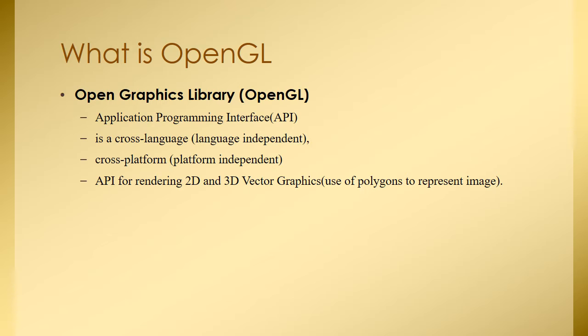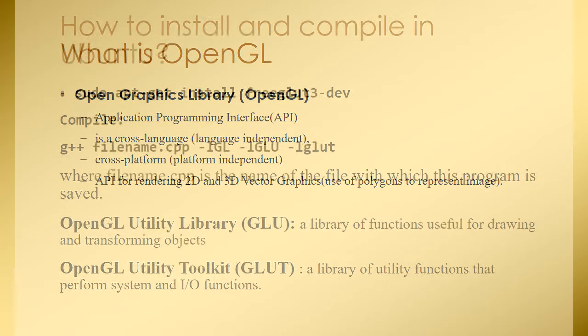It can be implemented in any language like C++, Java, and so on. It's cross platform, meaning it can be used in any kind of OS like Windows, Mac, and so on. So it is actually an API used for rendering 2D and 3D vector graphics.